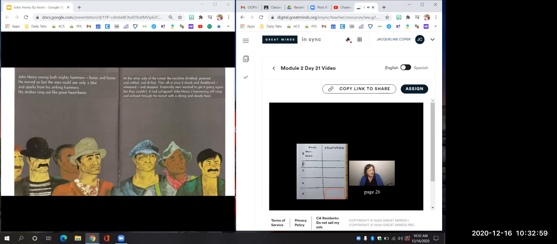His strokes rang out like great heartbeats. At the other side of the tunnel, the machine shrieked, groaned, and rattled and drilled. Then all at once it shook and shuddered, wheezed, and stopped. Frantically, men worked to get it going again, but they couldn't. It had collapsed. John Henry's hammering still rang and echoed through the tunnel with a strong and steady beat.